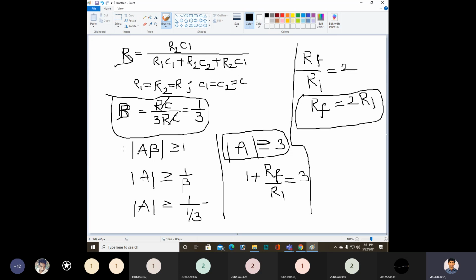Up to now clear? I think you don't have any doubt regarding this Wien Bridge oscillator. Yes or no? You don't have any doubt in the derivation part of our analysis of the Wien Bridge oscillator.